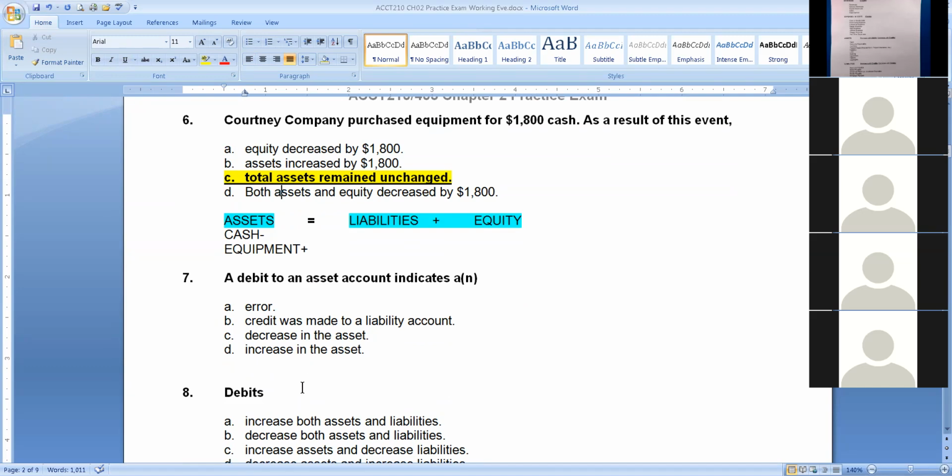Okay. A debit to the asset account indicates an error. It could be. It's an increase in the asset. D. Yeah, it's a decrease in asset. Decrease. So a debit. No, wait. I'm sorry. I said no, a debit to an asset account. Well, let's look at it.